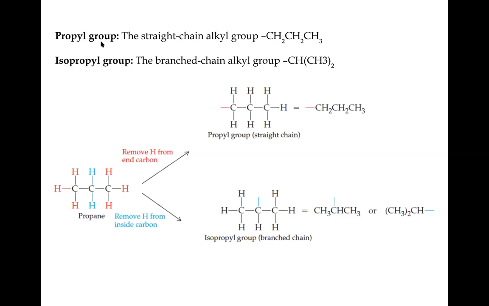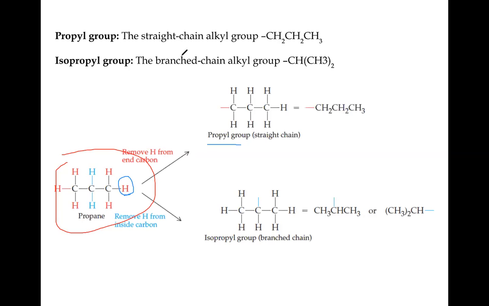So we have propane here, and now we're going to take off one of the hydrogens. If we take off this hydrogen on the end carbon, now this carbon has the availability to bind to something else, and we call it a propyl group.